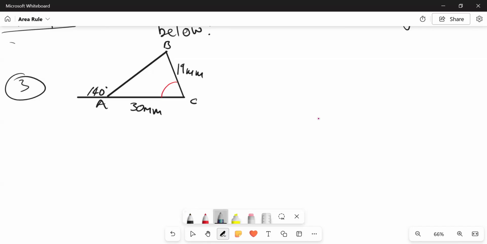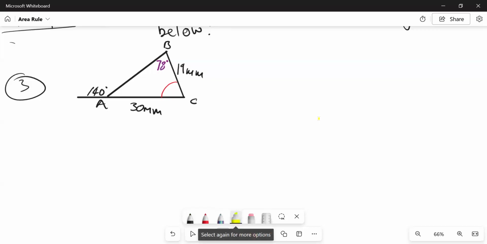And then here they gave us 78 degrees. So again, we're looking for the area of this triangle. Now the condition, do we have an included angle? No. Our included angle is an unknown, which is C. How do we get that included angle?